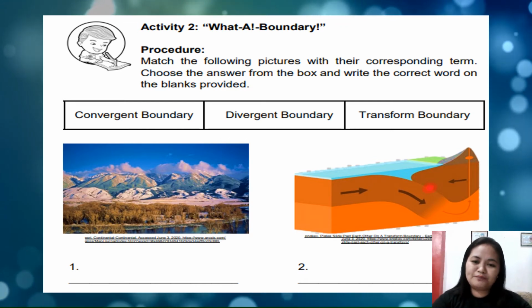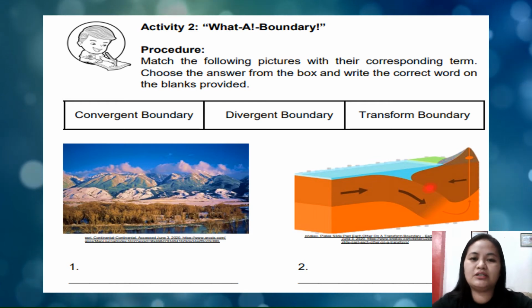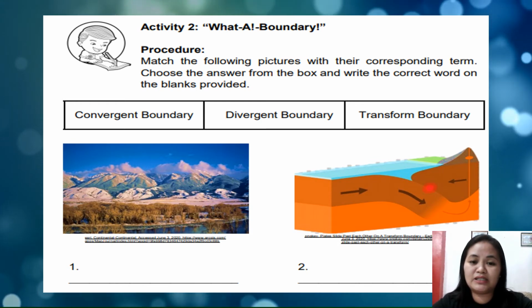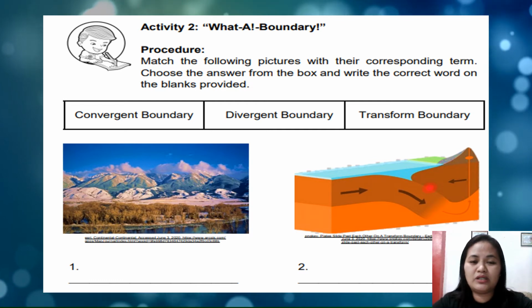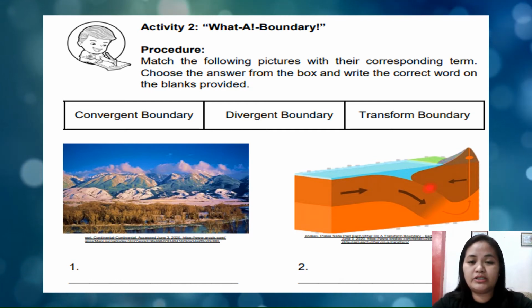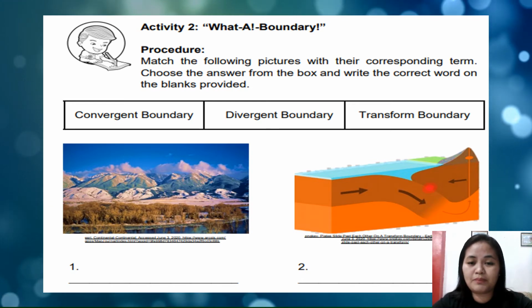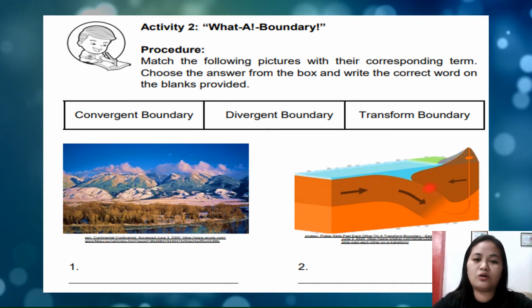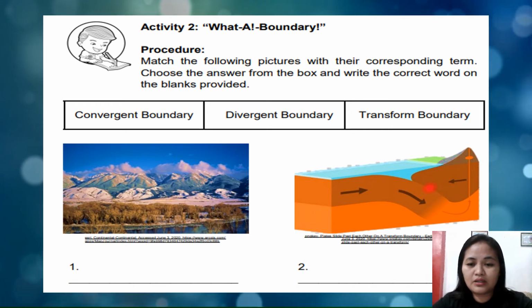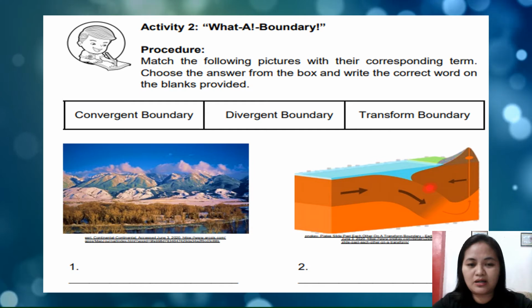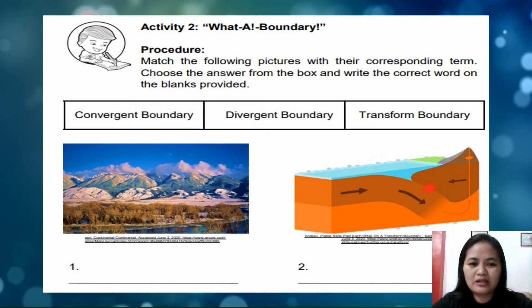When I scan your activity sheets in my soft copy, there are 10 items of this kind. And there are only 3 choices. Common sense, you just have to repeat for you to answer all those 10 items. In Filipino, kasi yung iba, nag-aalala na, worried.